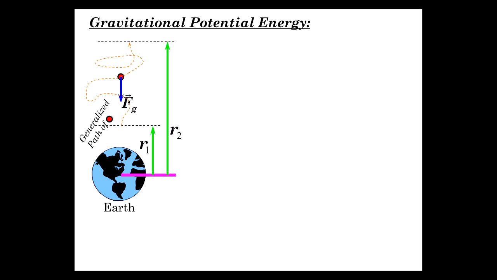So now here's FG pointing straight down. It points right at the Earth, the gravitational tug. We're going to move the object from R1 to R2, as indicated there, and figure out the work done by gravity. Now, before we go any further, you should recognize gravity's tugging it downward.